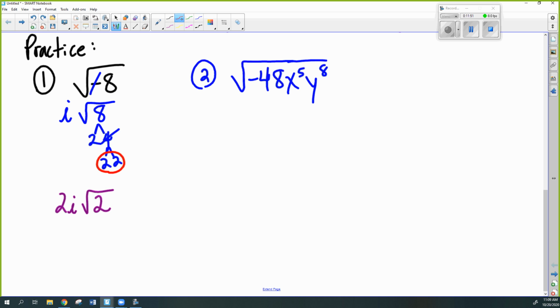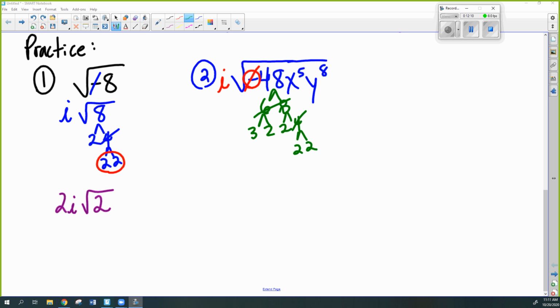All you have to remember is that this negative is going to make an i. And then you break down everything else as if it were normal, because it is normal. Okay? So take a minute and try that before I tell you the answer.